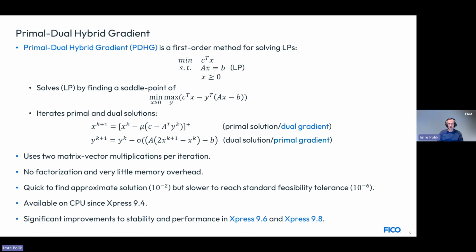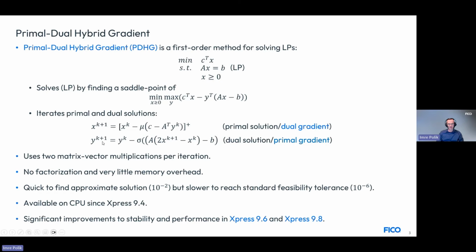So in optimization terms, we are trying to find the saddle point of this problem, which comes from the optimality conditions for linear optimization. The iterations or the updates to the primal and dual solutions are fairly straightforward. On the primal side, we update the primal iterate with the current dual error with some weight, and then we take the positive part of that because x is a non-negative variable.